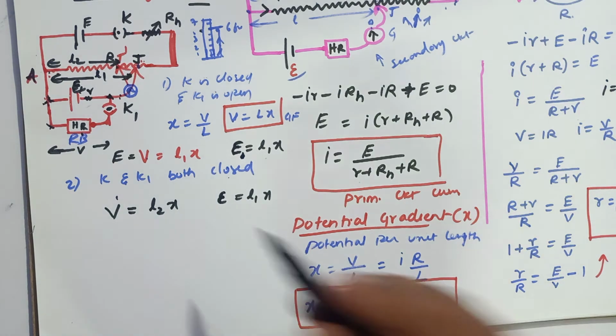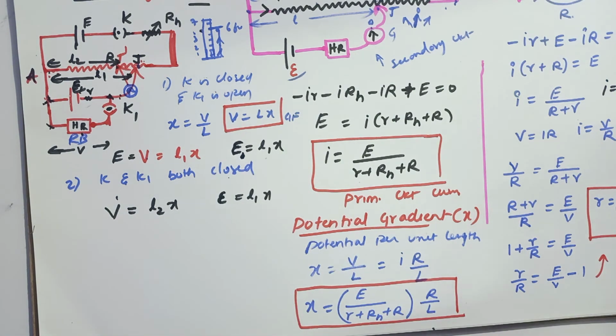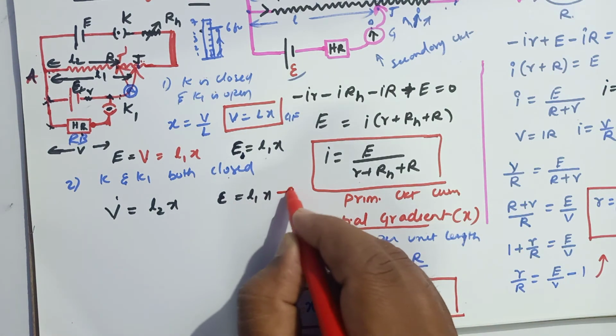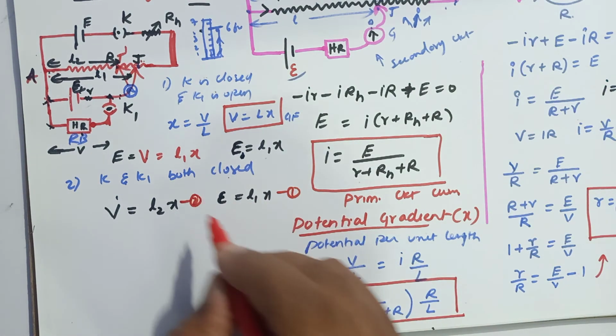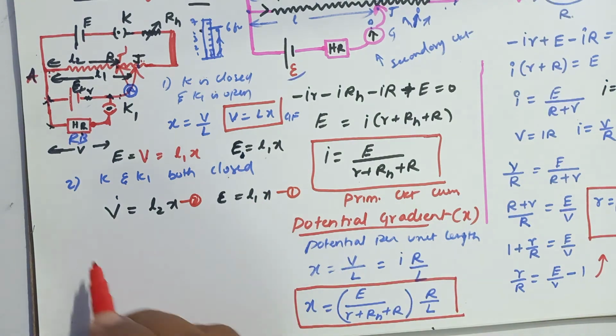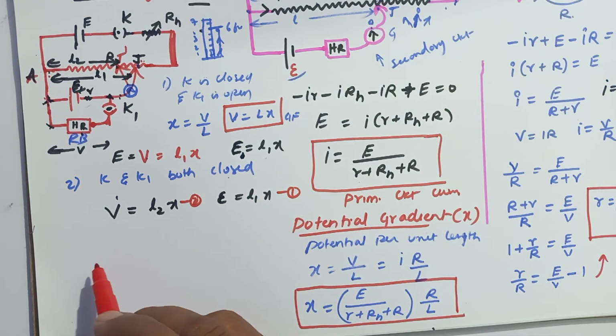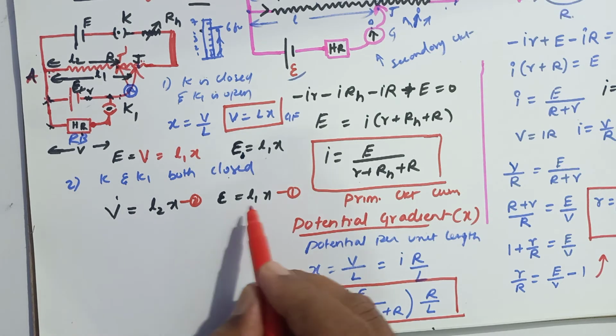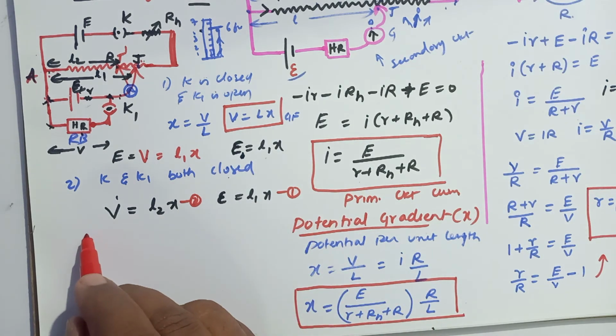So now let us imagine these two like this. This is going to be, for example, equation number 1. This is going to be equation number 2 here. So what are you going to do in this case now? You can just do one thing here: you can write 1 by 2. This is 1 and this is 2. So 1 by 2, if you consider, what are you going to get?